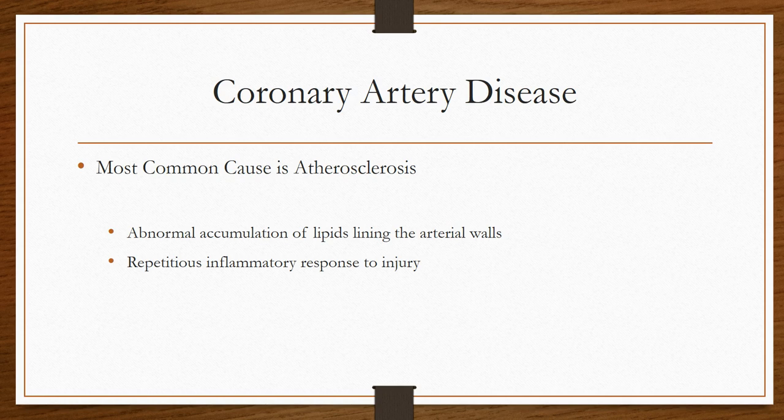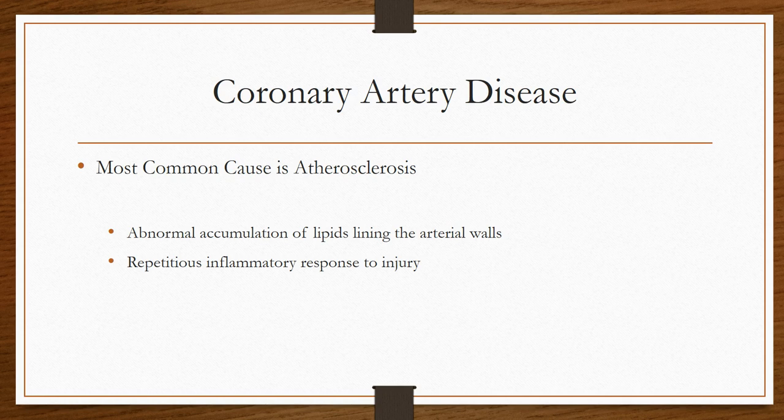All right, so the first disease process is coronary artery disease. Most common cause is atherosclerosis. It's an abnormal accumulation of lipids lining the arterial walls. Repetitious inflammatory response to injury. So basically this is your blood vessels constricting and dilating all the time, and when that happens, it actually causes trauma to the vessels, or at least the vessel wall.